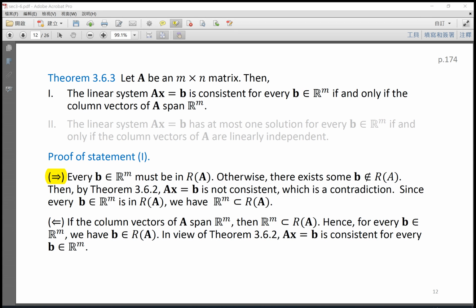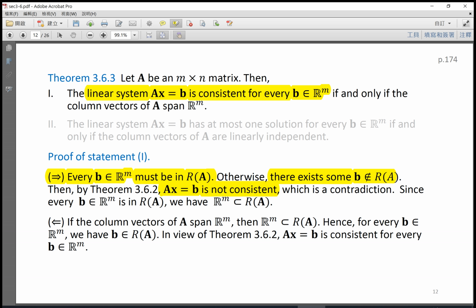Now suppose the linear system Ax equals b is consistent for every b in Rm. This means every b in Rm must be in the range space of A, because if not, then there exists some vector b not in the range of A. Then by Theorem 3.6.2, Ax equals b is not consistent.